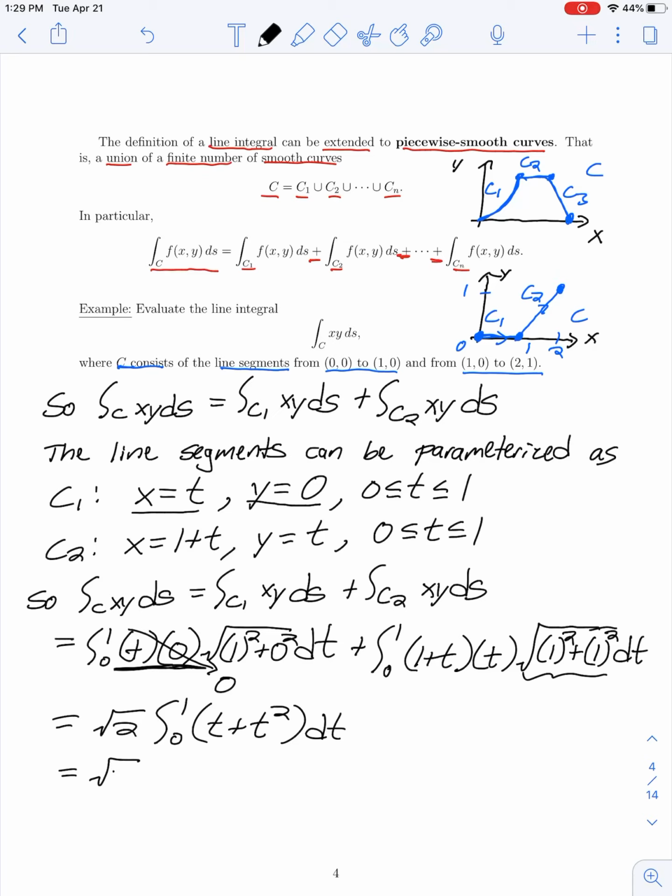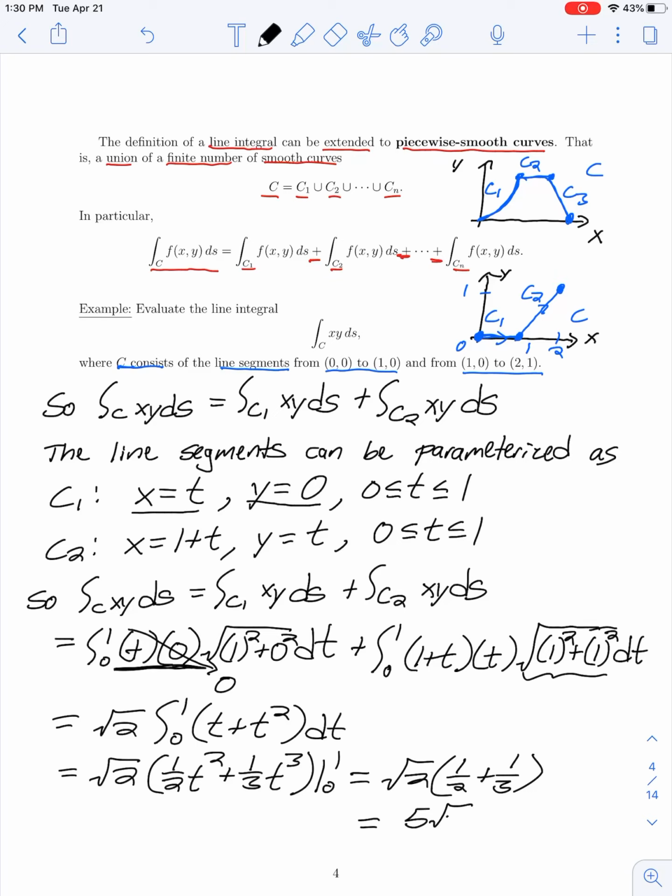So to find our antiderivative, we have root 2 times 1/2 t squared plus 1/3 t cubed, which we're then evaluating from t equals 0 to 1. So we're left with the square root of 2 times 1/2 plus 1/3, which would be 5/6.